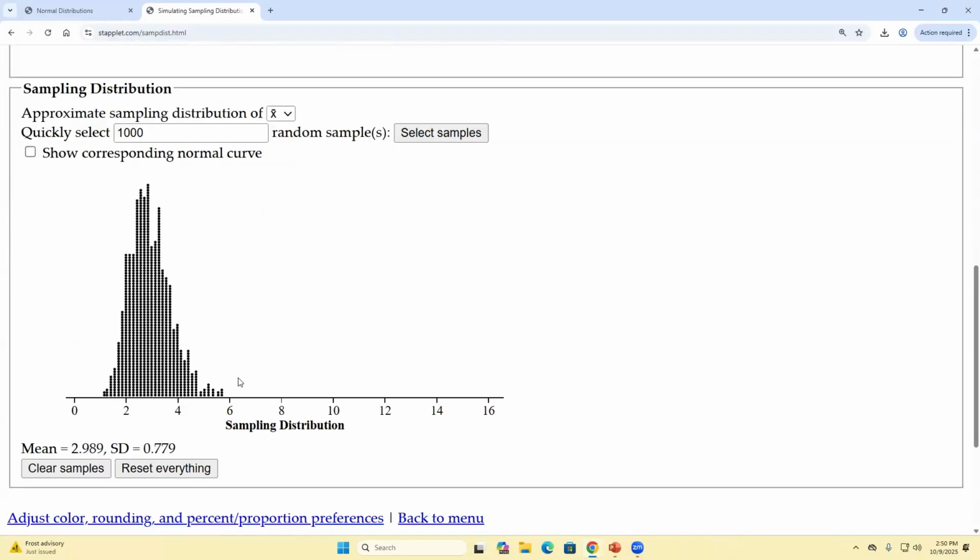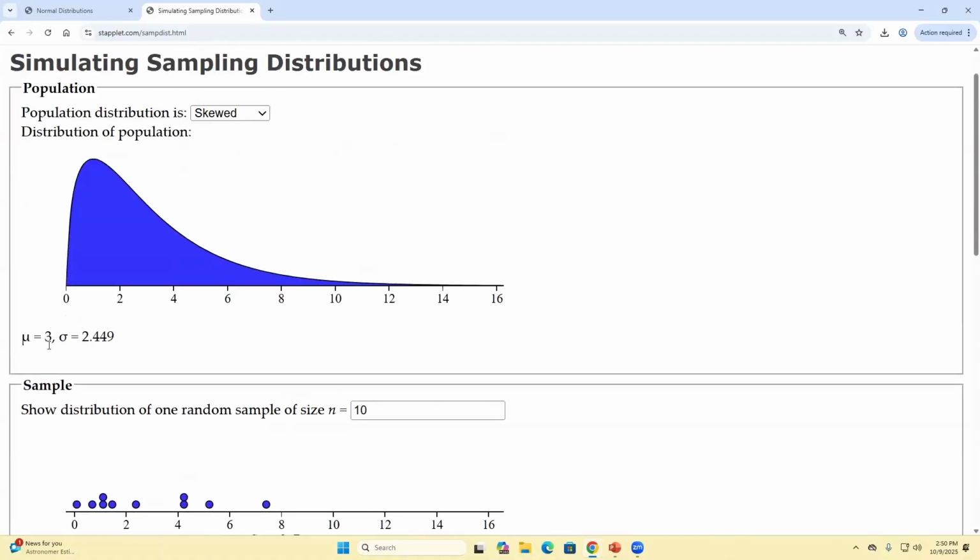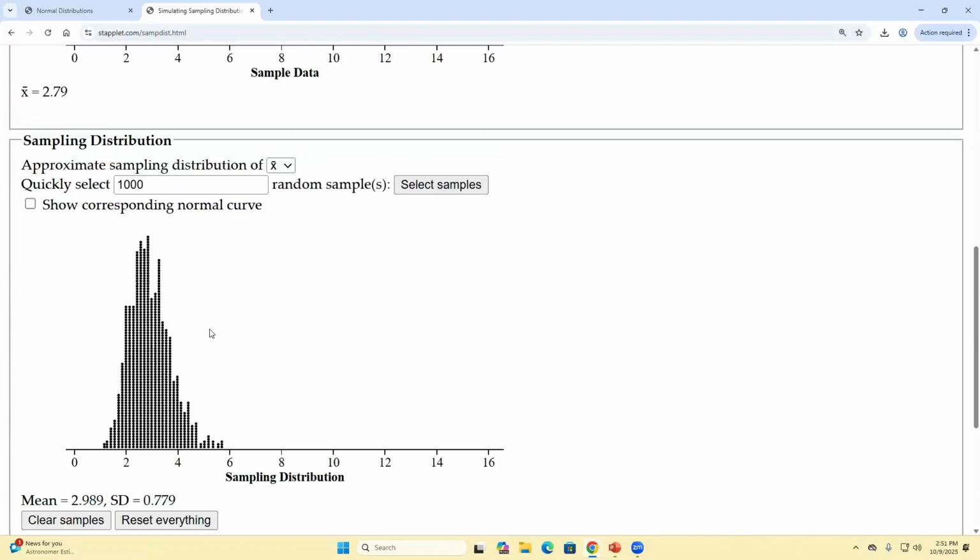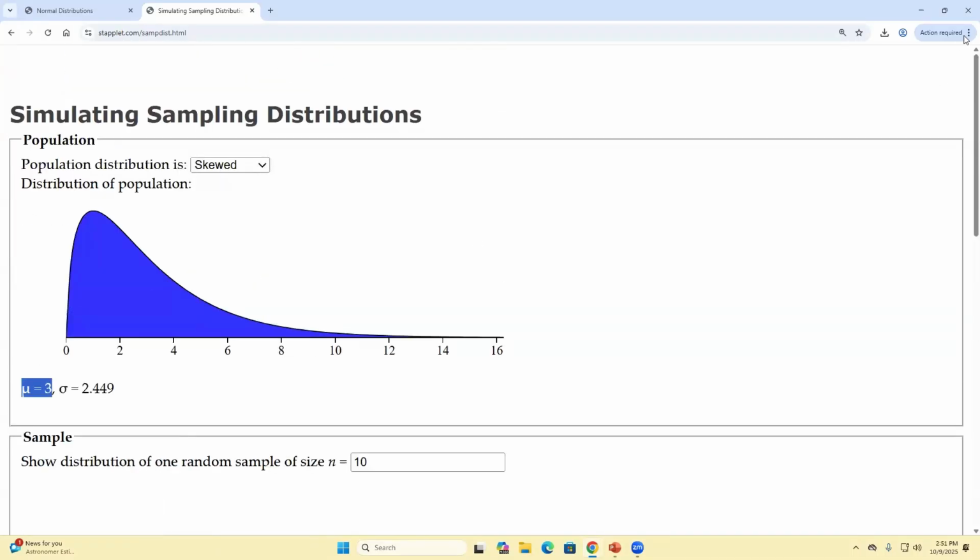And the two important things to notice is that this mean here for the distribution of sample means, or this sampling distribution, this mean is 2.989, and that is incredibly close to the population mean of 3. So that's the first thing we'll notice. And then the second thing you'll notice is that the shape of this sampling distribution does not look at all like the shape of the population.